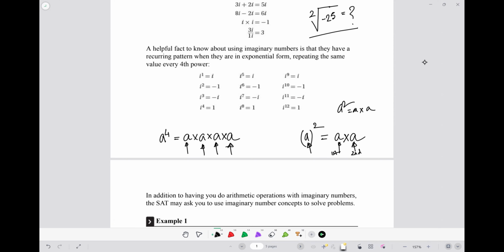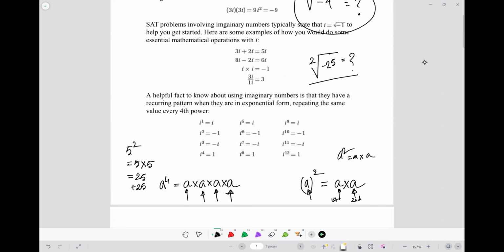So for example, if we write 5 squared, what does it mean? It means we multiply 5 with the same number 5, 2 times. If we calculate 5 times 5, it becomes 25. It's positive 25.